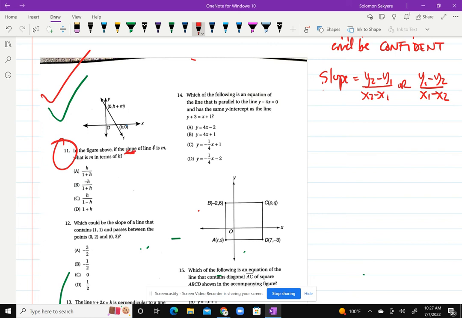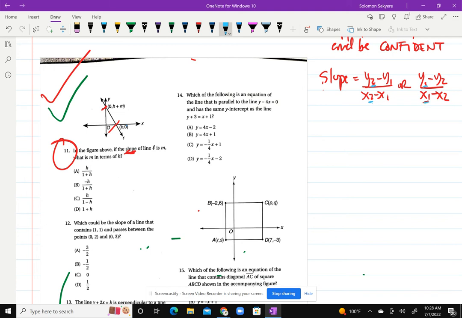Now how do you write the expression for the slope of a line? It's y2 minus y1 over x2 minus x1, or y1 minus y2 over x1 minus x2. Note that these should match: if it's y2, then this should be x2. If it's y1, this should be x1.